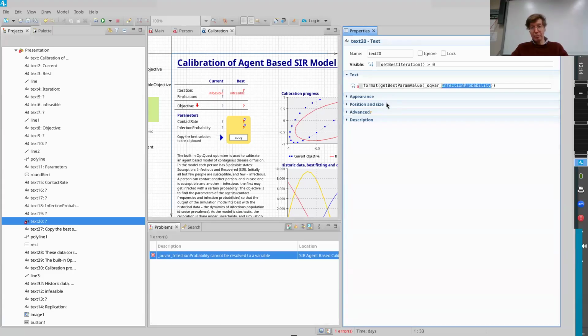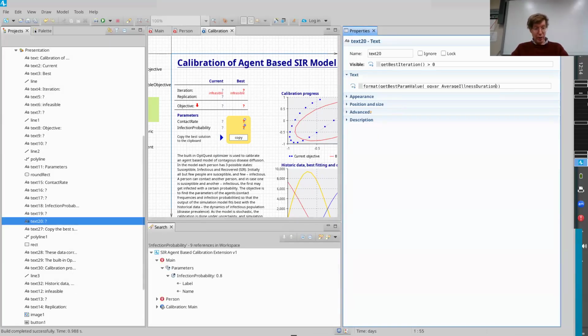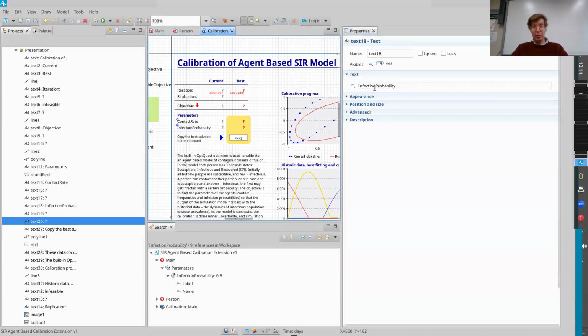There we go. Let's see if we can make it a happy camper. Okay, now it's build completed successfully. We have bent it to our will, but we still have not changed, and I feel obliged to change, this label to be average illness duration.